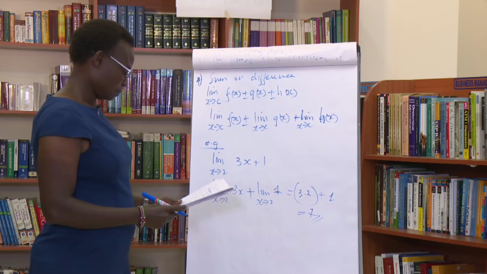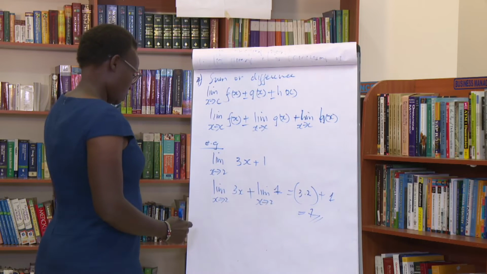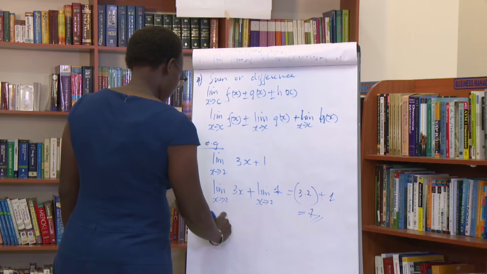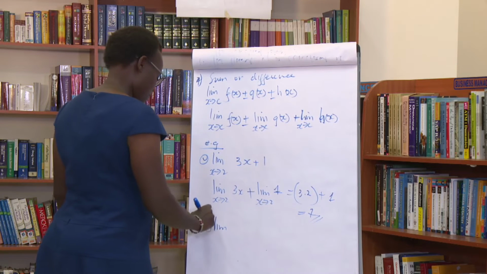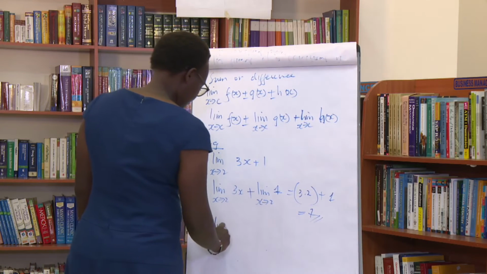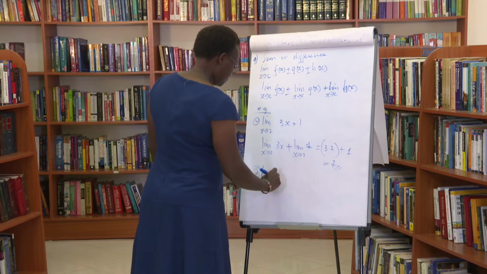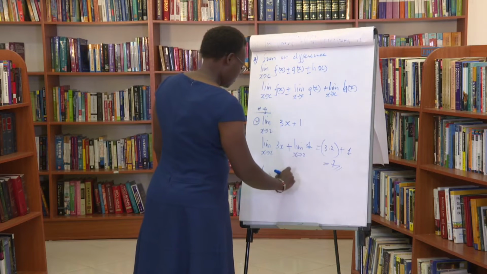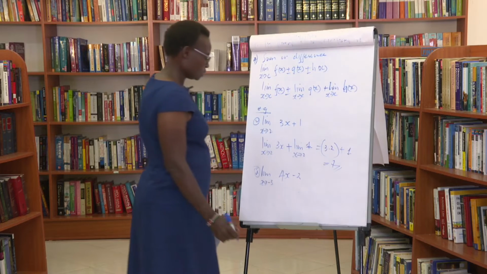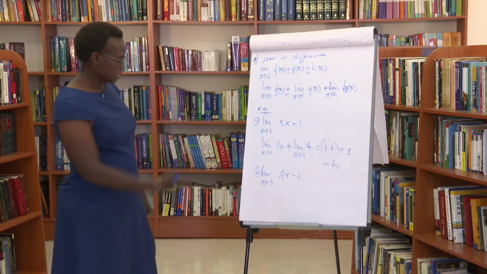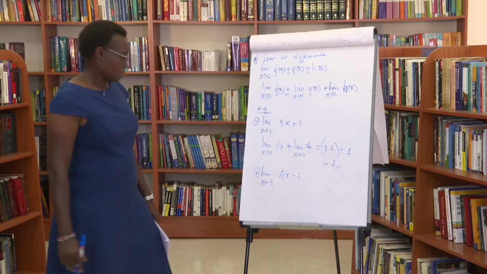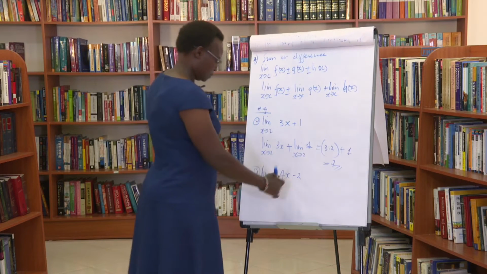This is the first example, this is the second example. You're given the limit as x tends towards negative 3 of 4x minus 2. So again, the same process, get the limit of the first and the limit of the second, then the difference of the limits.